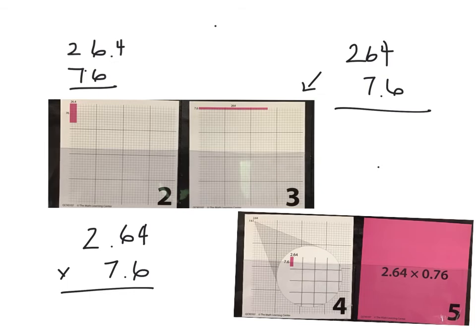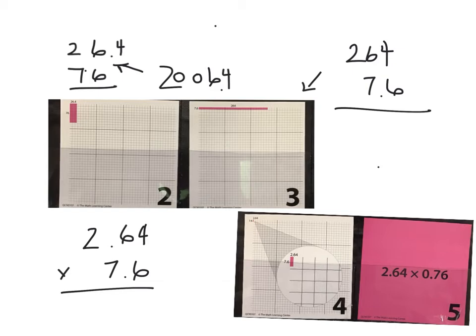What I noticed is that I'm dealing with these same numbers, 264 and 76, but there's just different decimal points. Okay? For example, the second day, it's 264 times 7.6. And again, my answer was 20,064, right? Now, if I've one number behind the decimal point, when I multiply these out, all I have to do is put one number behind the decimal point.